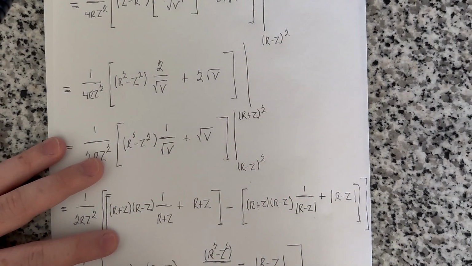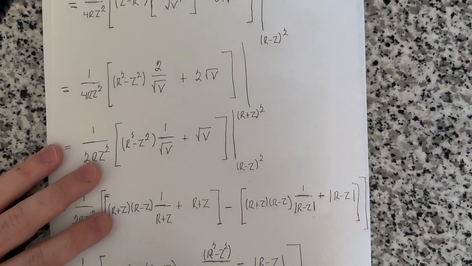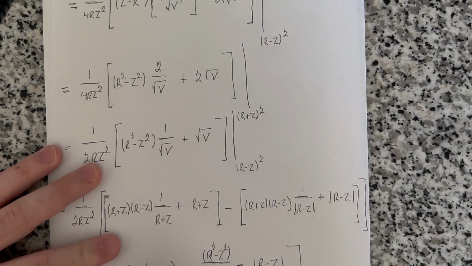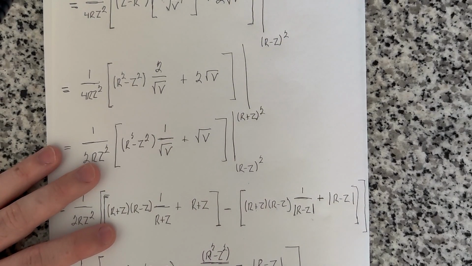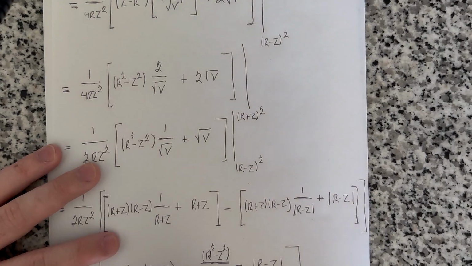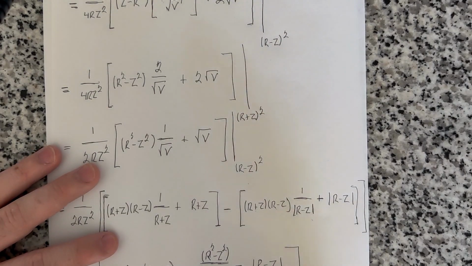So we still have 1 over 2r z squared. And then we're going to have r plus r, so we have a 2r. And the minus z plus positive z, that's going to cancel. And then we have a minus sign. And I'm going to group these terms with the common denominator.